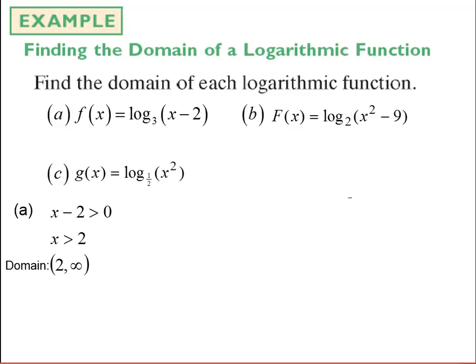Now letter B. Letter B is a little bit more difficult, but let's work through it. The thing inside the logarithm, x squared minus 9, must be positive. Remember, in the quadratic function section, 4.3, we talked about solving quadratic inequalities.